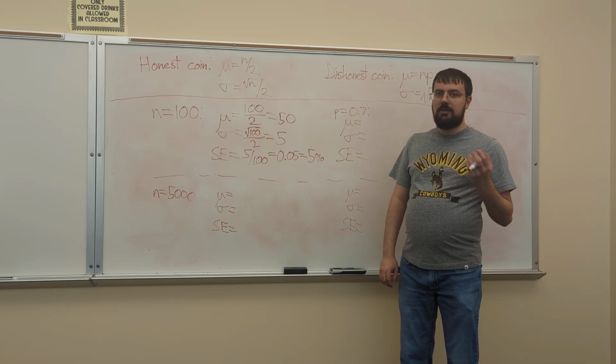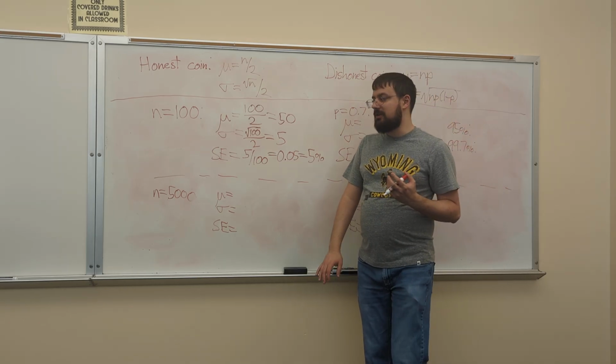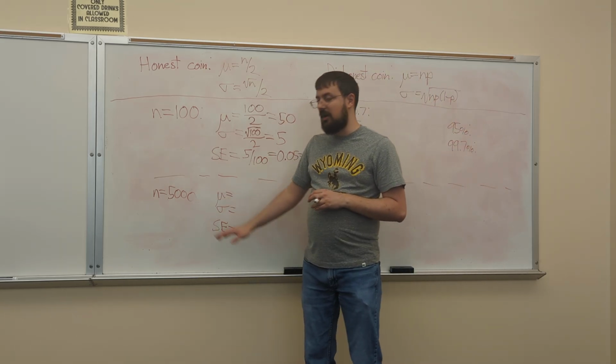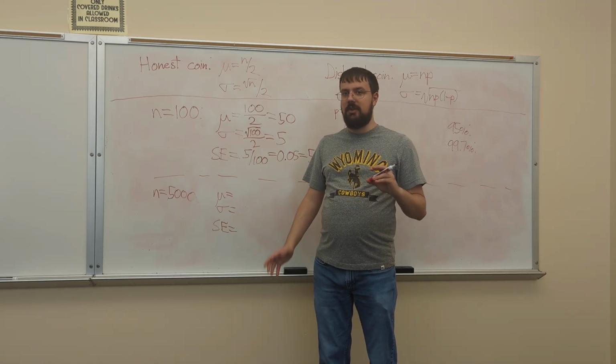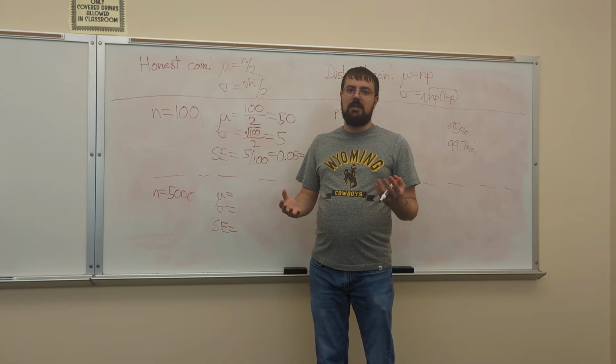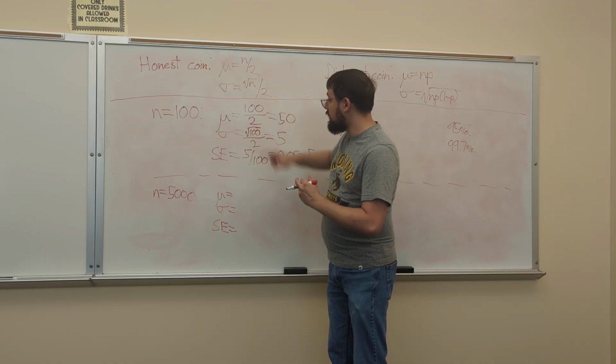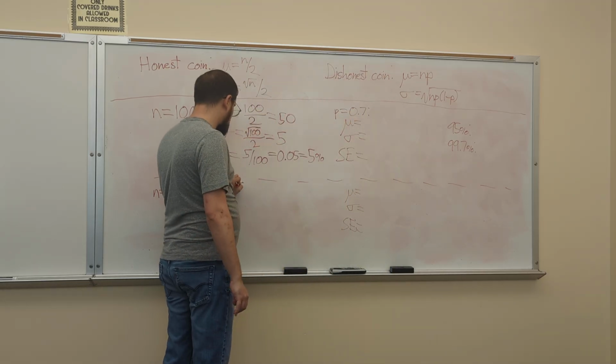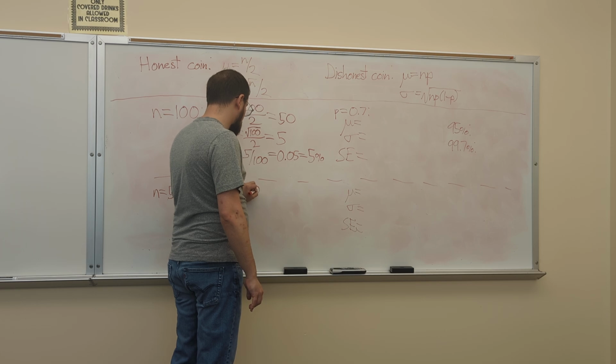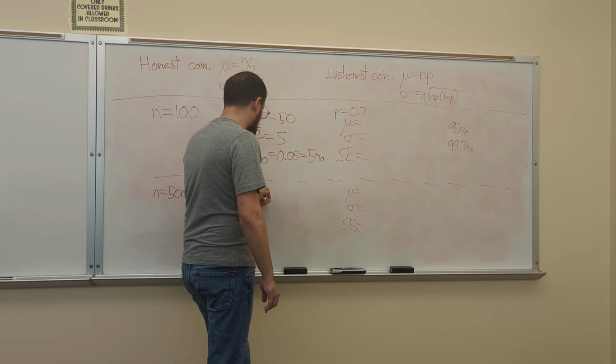Now, let's say that we increase our sample size to 5,000. So we're doing trials of 5,000 coin tosses, and we're going to see out of those 5,000 times how many heads do we get. So mu, once again, that's n over 2, so 5,000 over 2, or 2,500.